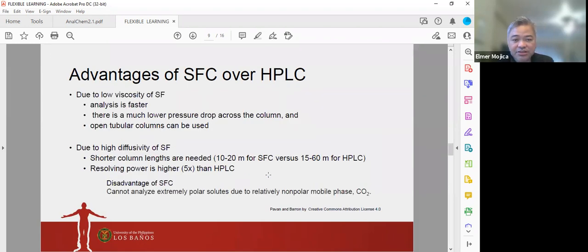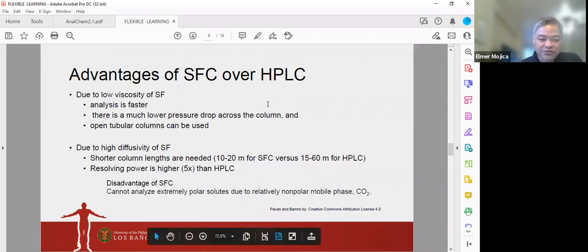Now, the advantages of SFC over HPLC. Since the supercritical fluid has low viscosity, you can analyze faster. The low viscosity also means there's much lower pressure drop across the column, and with that, you can use the open tubular column.